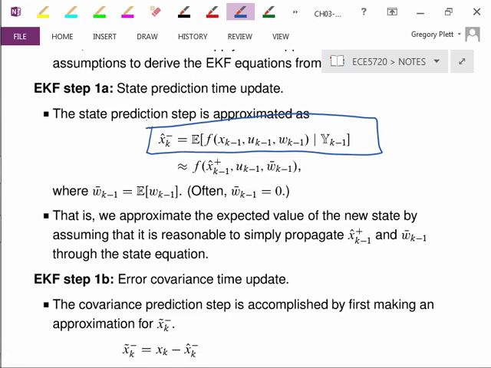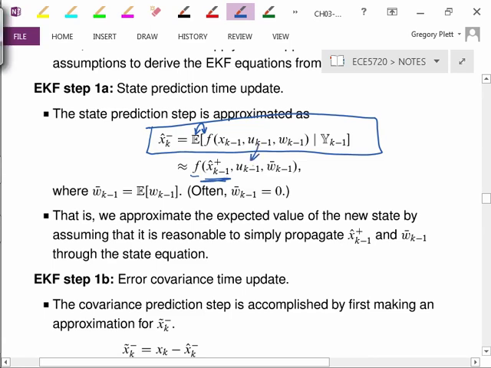So instead, using assumption 1a, the first assumption, we are going to switch the order of these things. So instead of finding the expected value of a function of x, we're finding a function of the expected value of x. So the expected value of x given all previous y is what we called the estimate of the state at the previous time step.